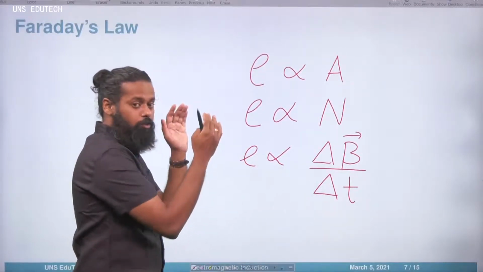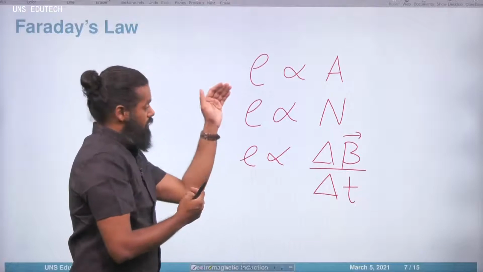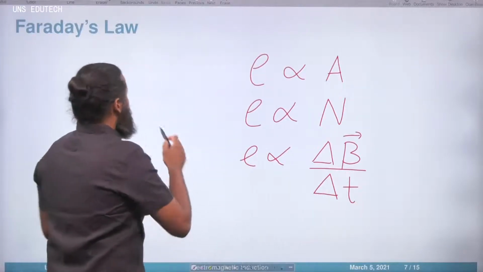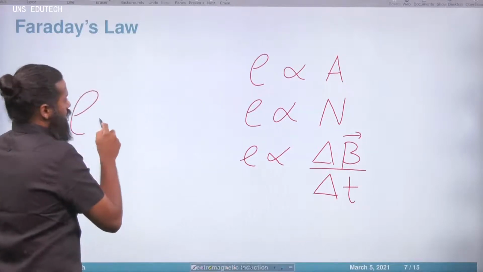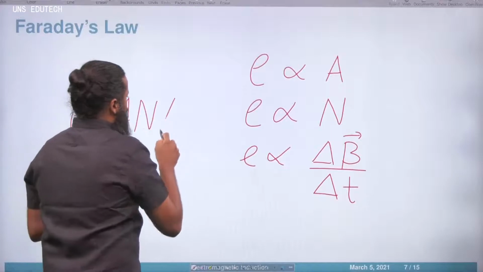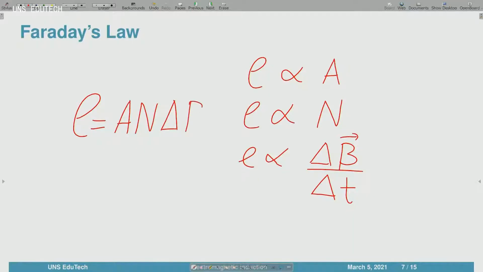If you are bringing together all this, if you are considering all these relationships simultaneously, we will get a simple relationship. E will be equal to A into N into delta B divided by delta T. Now you already know that if you are multiplying area into magnetic field, you are going to get magnetic flux.